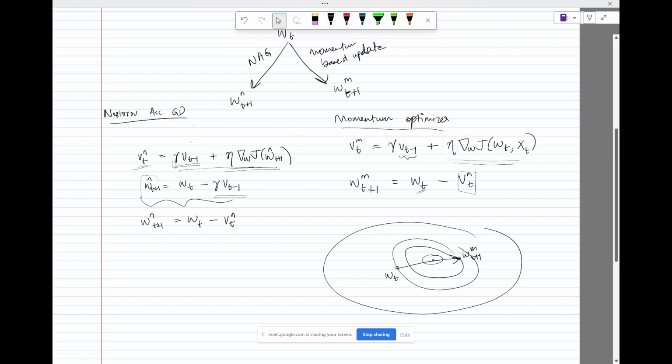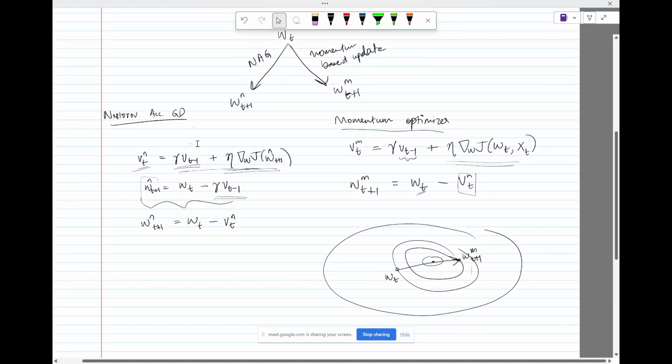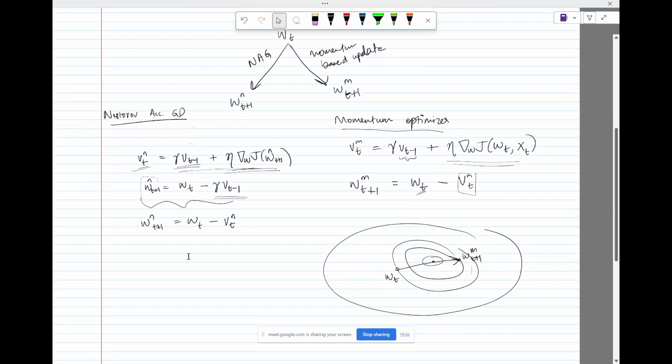Now what can you say about what will happen when you are using Nesterov accelerated gradient descent? The difference in these two is that you are doing this look ahead step, the look ahead gradient and look ahead parameter, and that is in the direction of your momentum.